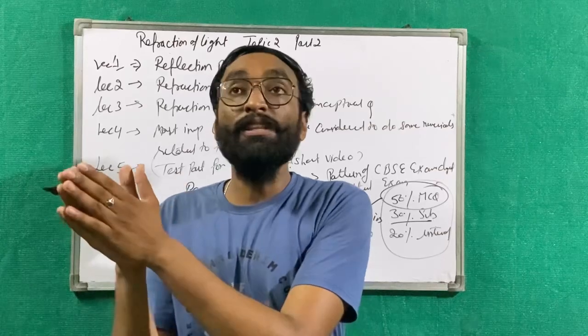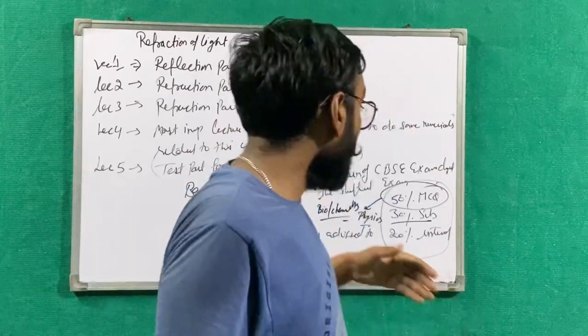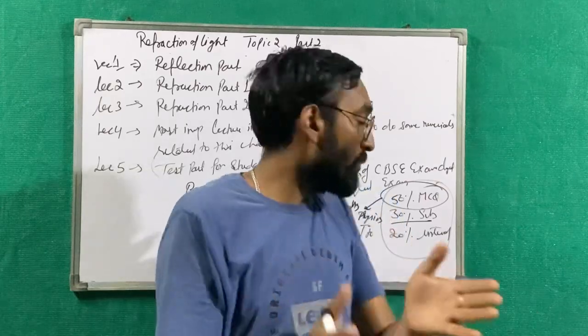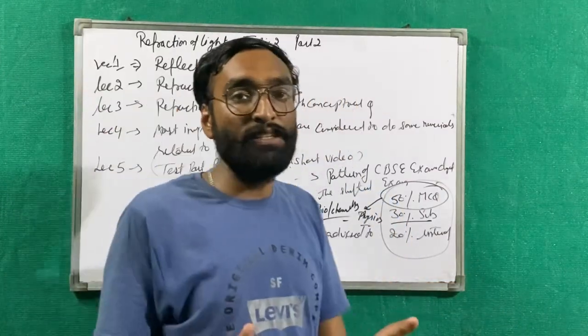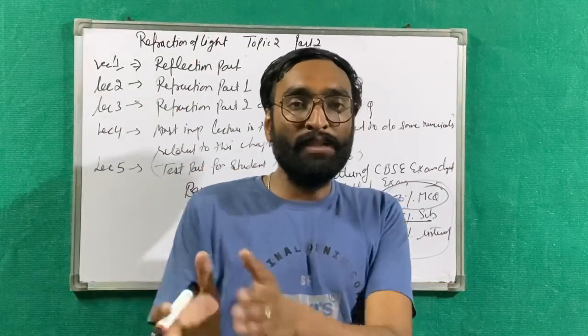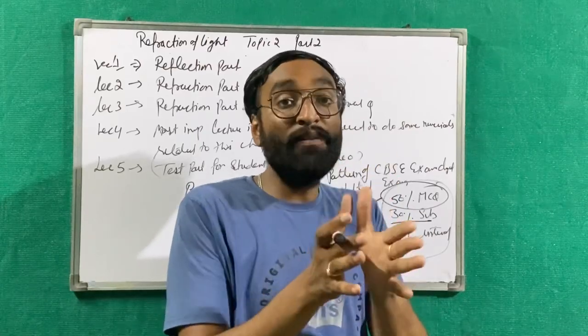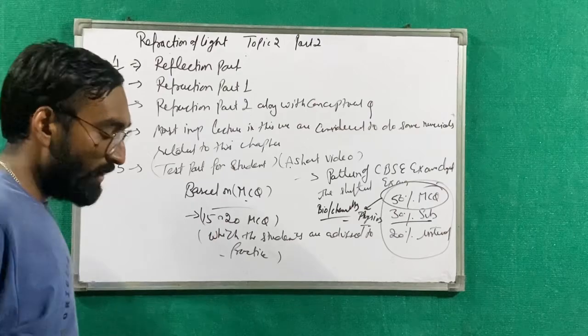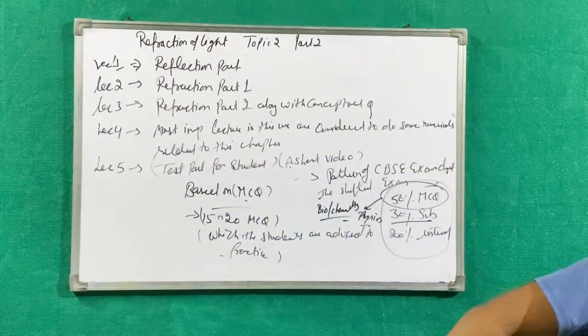Numericals are also coming in the form of MCQ. In the next video we are going to have a quick revision of how numericals are coming in MCQ form and what are the disadvantages of numericals in MCQs. So we are going to have a next video for that only.